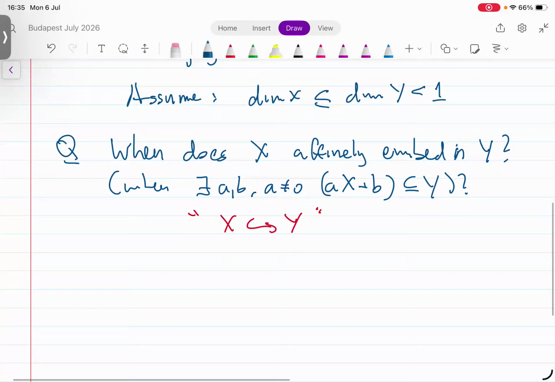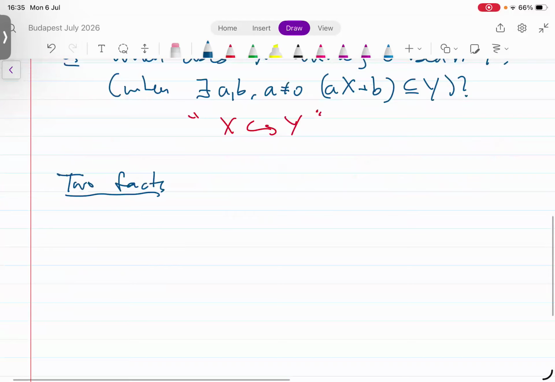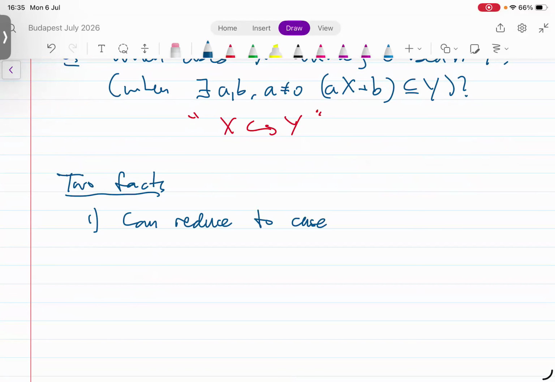And the conjecture, well, okay, maybe two facts before I state the conjecture. So the first fact is that you can reduce, and I haven't told you exactly what I want to reduce, but let's just make this an assumption. You can reduce to the case that X is a homogeneous fractal, so that all the contraction ratios are the same.